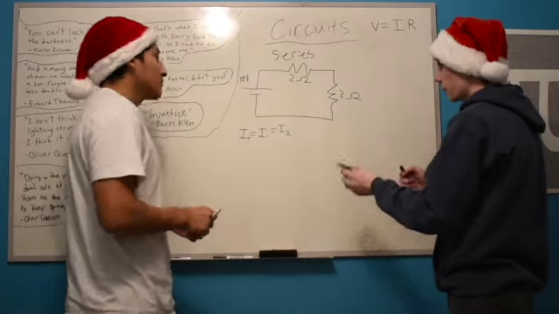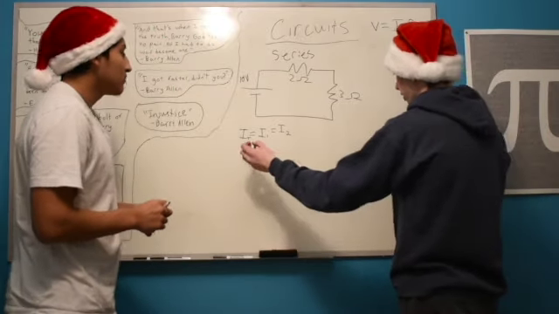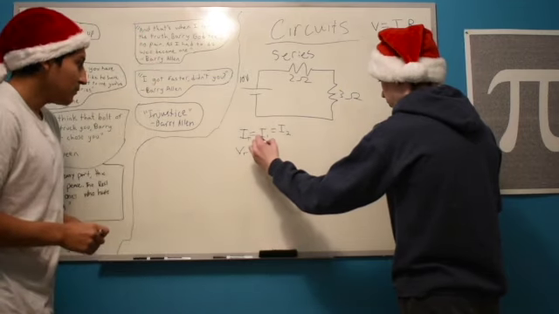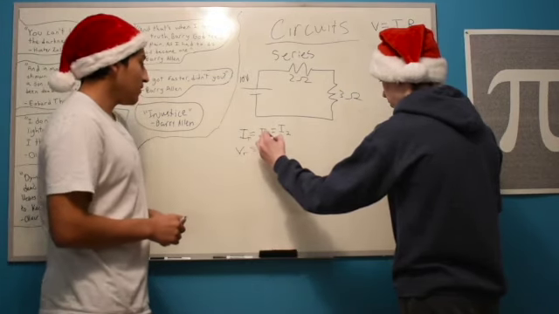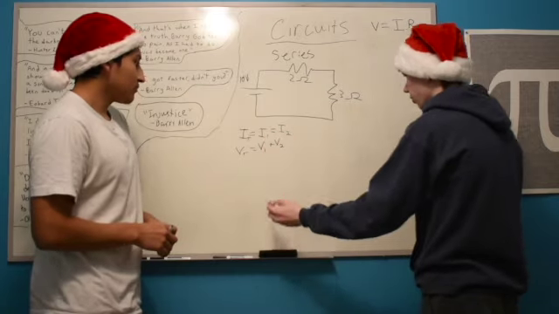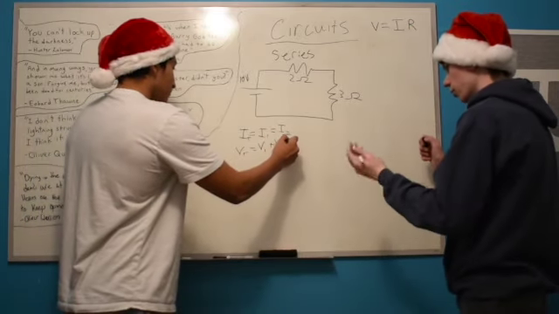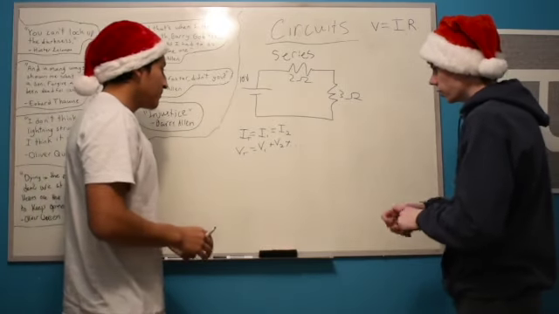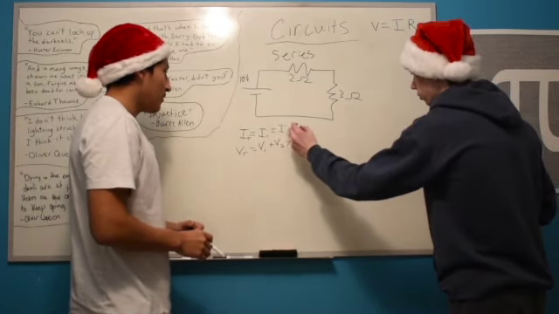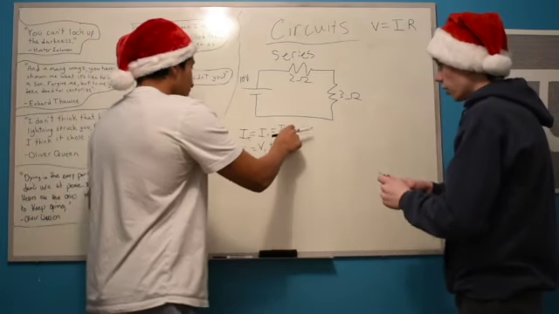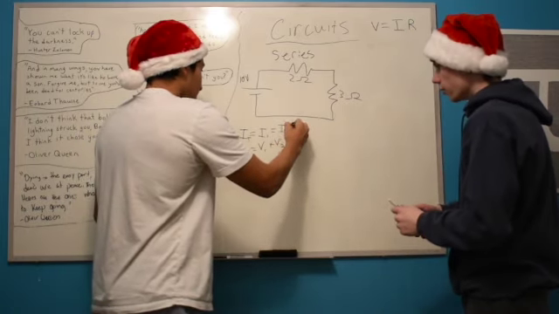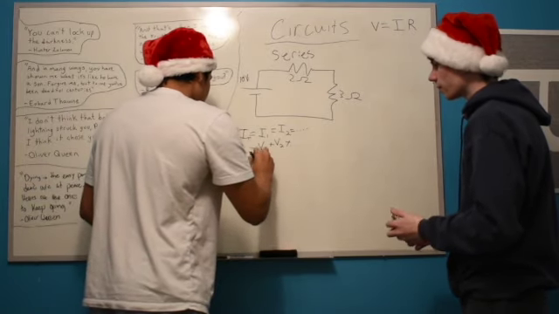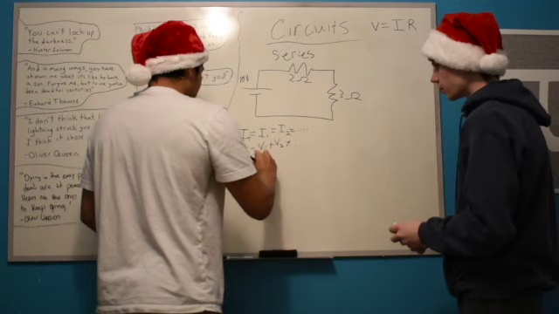The total voltage, on the other hand, is equal to the voltage at one resistor plus the voltage at the other, and if there are more resistors, more voltages are added. The total resistance is also found by adding them.